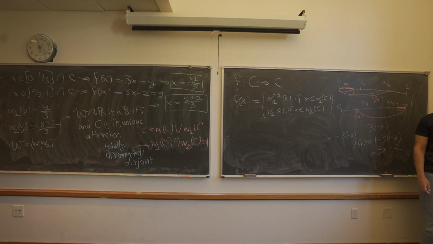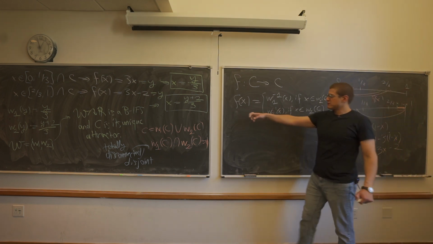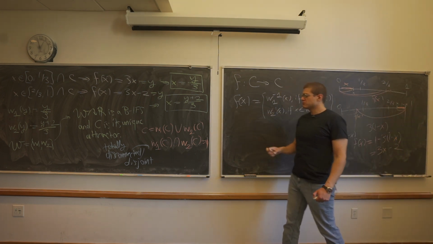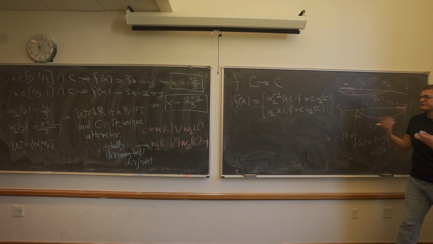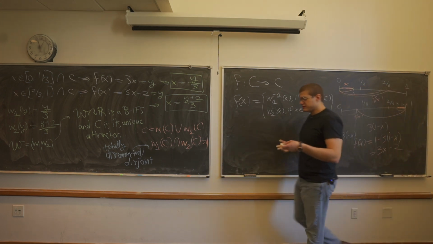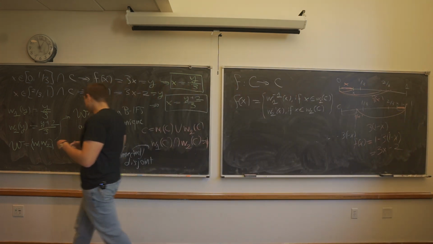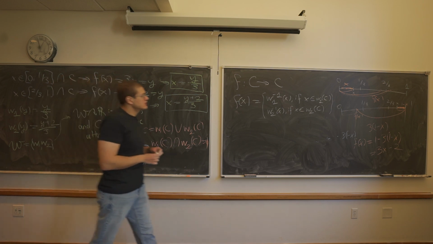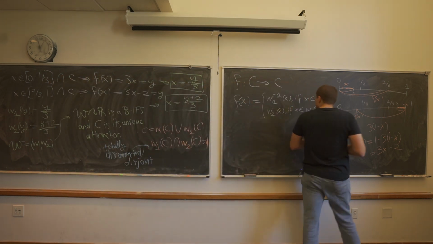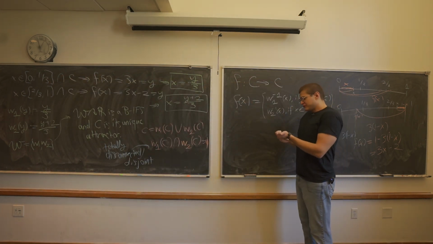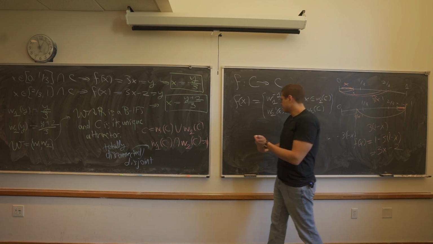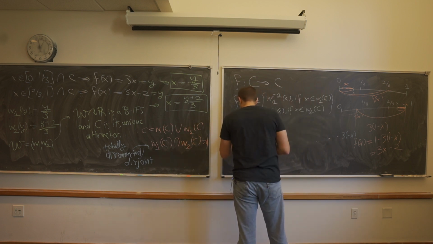So this F is the dynamical system that we created by this conjugacy, but it's also intimately connected to the B-IFS. And this is called the intrinsic dynamical system on the attractor of W.